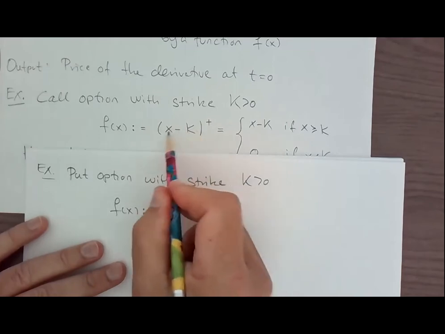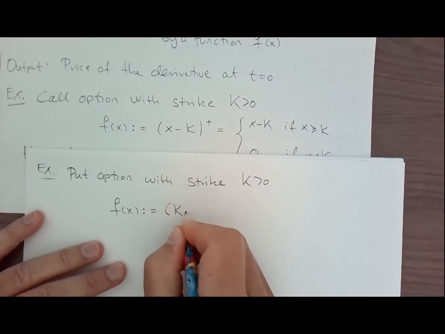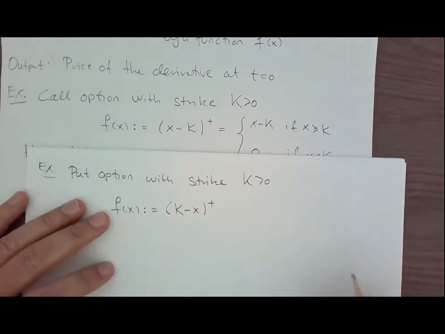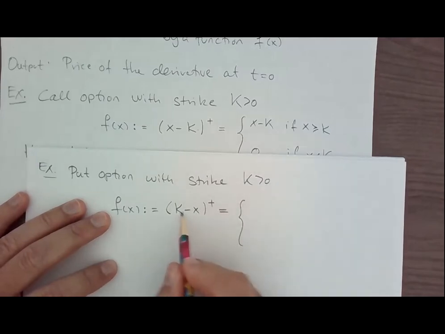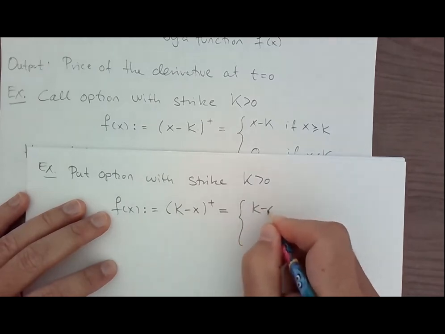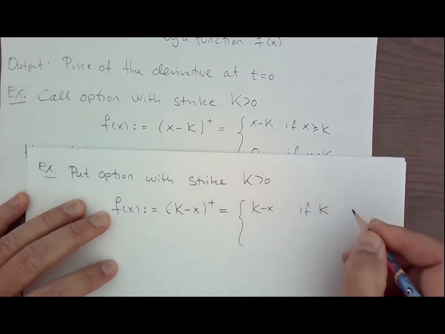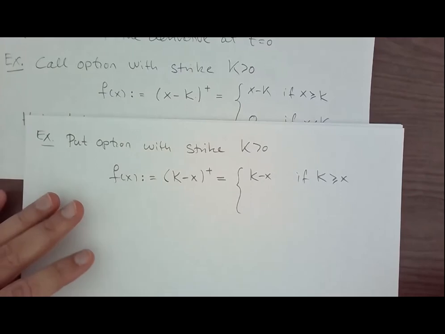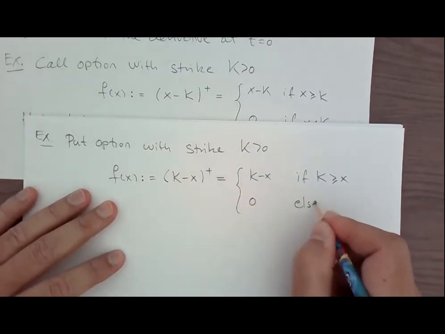X and K switch roles. So here you're going to have K minus X, and you still have a positive part in there. So this here is equal to, if it's positive, what I have in here, I'm just going to get the quantity. So this is if K is bigger than X. So when X is small, you're positive, and otherwise you're going to get a 0.